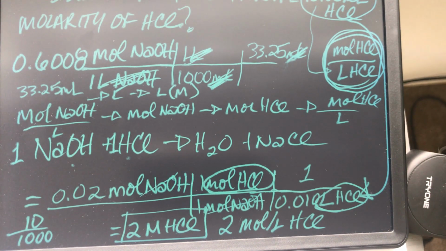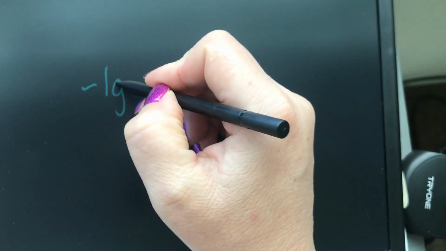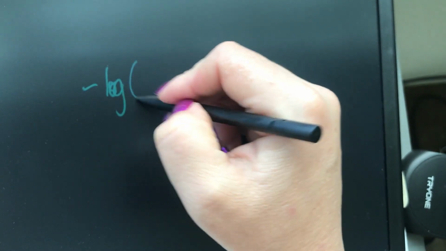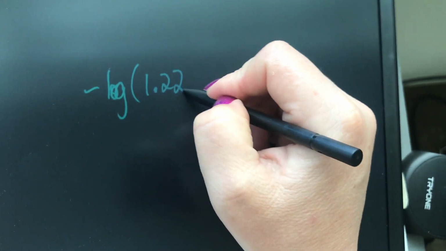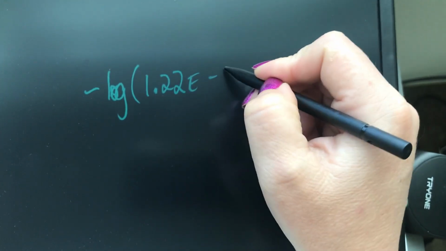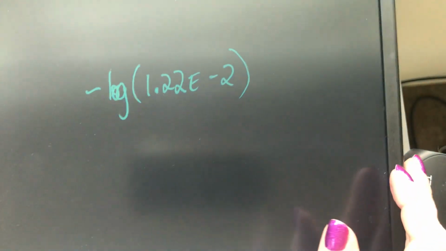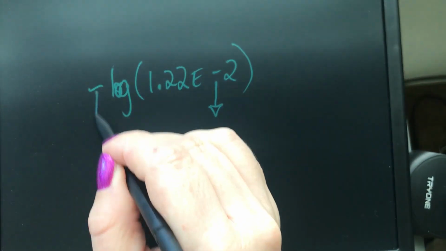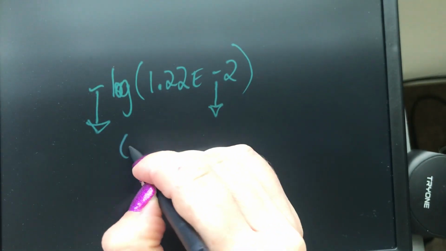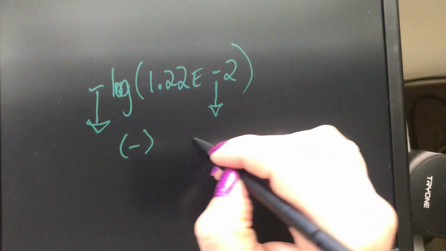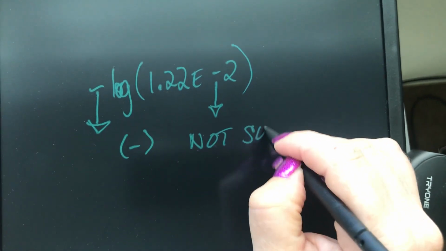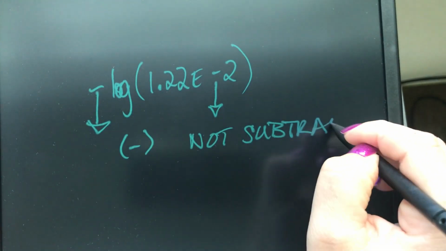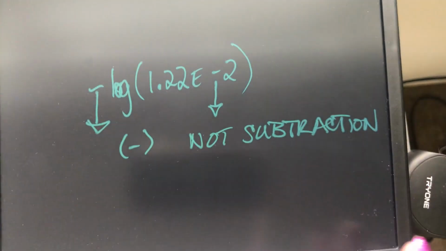I talked to Kata really quickly about this: when you're putting the log in, especially when you have something with an exponent, I think this is the problem from the practice exam, it's really important in some calculators that these are the negative sign, not the subtraction sign.